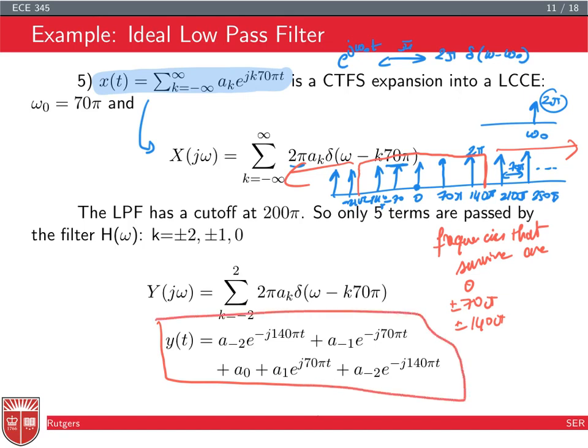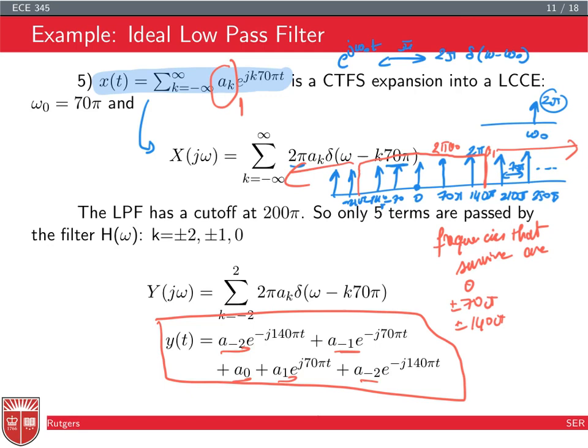Now, here I assumed that the a_k's are 1. So here it should be 2π, for example, 2π a0, 2π a1. This is why you have these coefficients here, which are the magnitude at each frequency. So it's basically telling you the energy of the signal at each frequency. Okay?